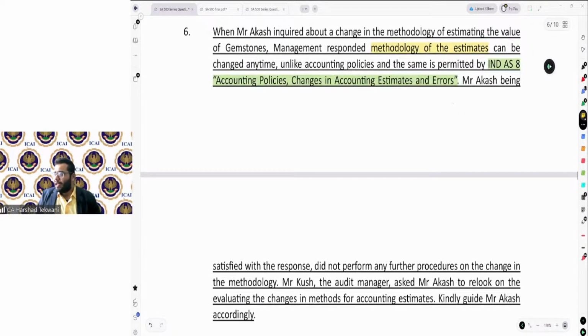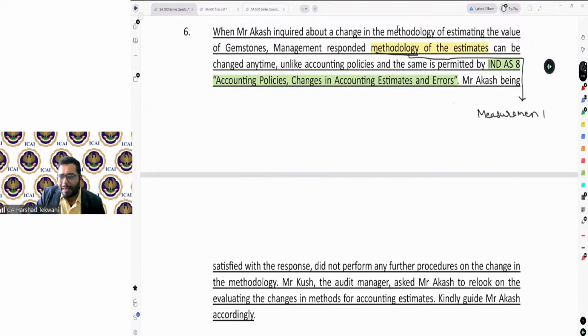What does NDS 8 say about changes in methodology, or measurement basis basically? Instead of methodology, I'll use the same terminology, measurement basis. So if this is a change in the measurement basis of the estimate, what is the requirement of NDS 8?